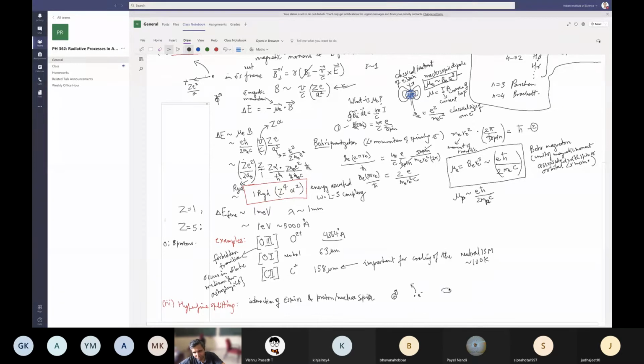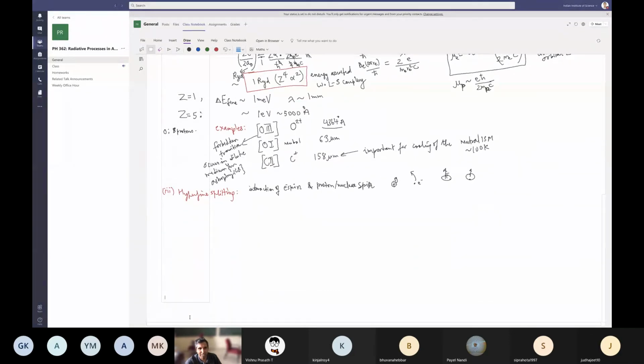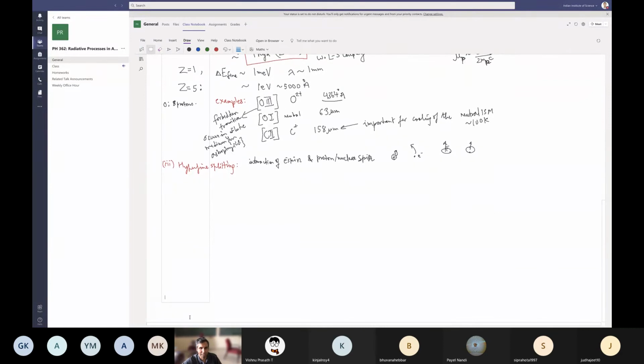It's like having two dipoles: the magnetic field due to one dipole causes an interaction energy of the two dipoles. Okay, let's try to estimate this. The famous 21 centimeter line is an example of hyperfine splitting, a hyperfine transition. Okay, let's do this.